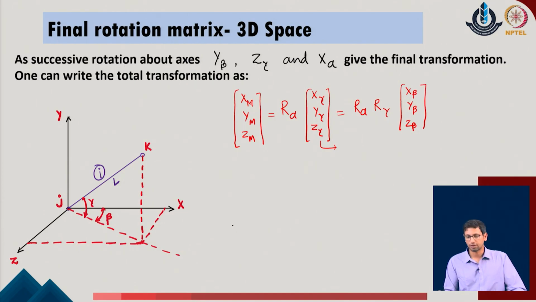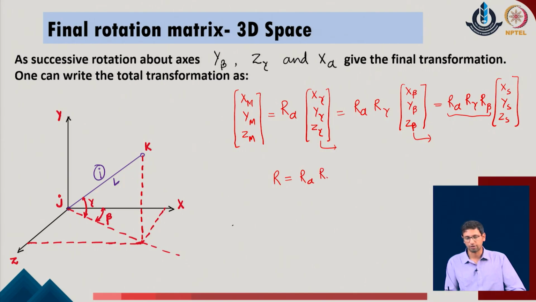And finally, in order to convert this x of beta, y of beta and z of beta in terms of the original structural system, we define R alpha, R gamma, R beta in the given system, and that gives us x of s, y of s and z of s. So, this way we are able to convert the actual transformation. The final transformation which we are looking for is the product of the three transformations R alpha, R gamma and R beta in the given system.